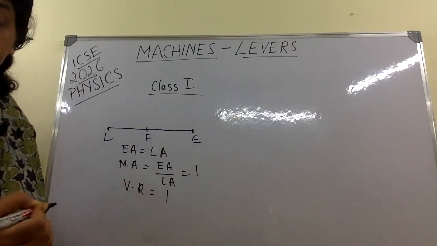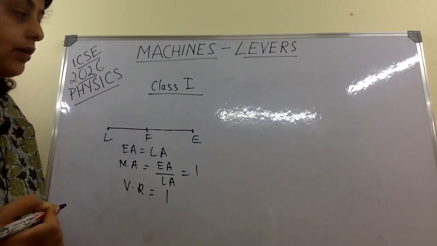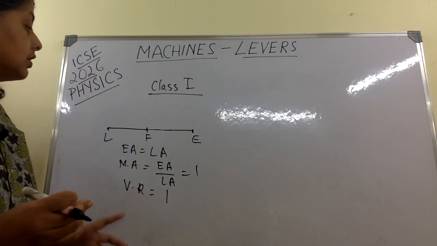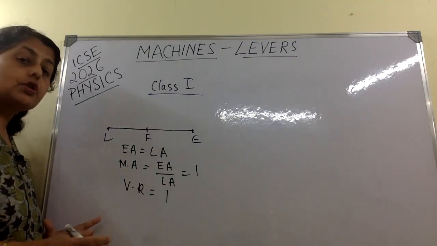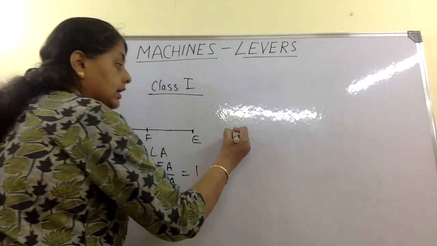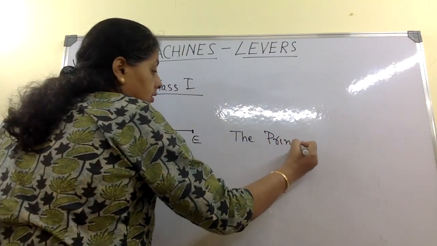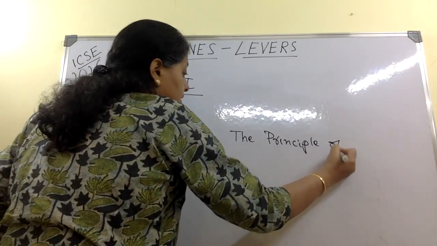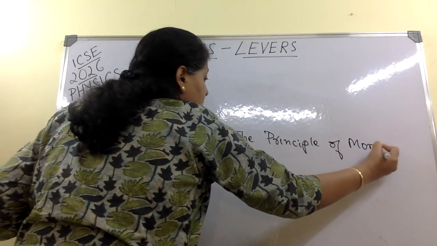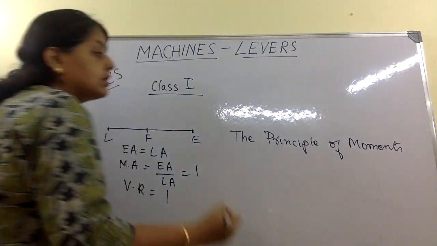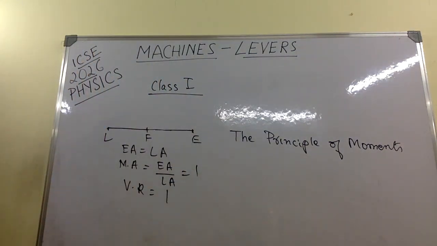Now what does the lever work on? The lever works on which principle? The principle of moments. They do ask principles all the time, so any lever works on the principle of moments. What is it?